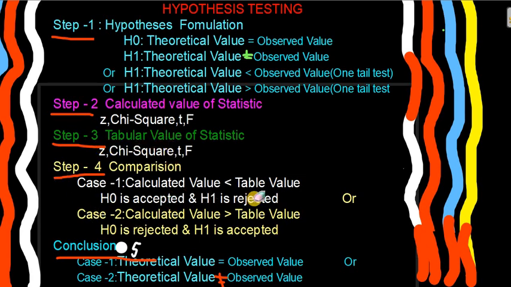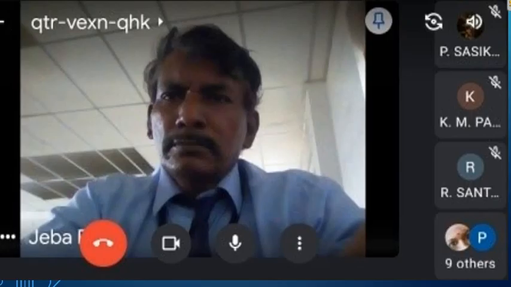On the basis of that, if the calculated value is less than the tabular value, then the null hypothesis is accepted. If the calculated value is greater than the tabular value, then the null hypothesis is rejected. So this is what we call test of hypothesis.